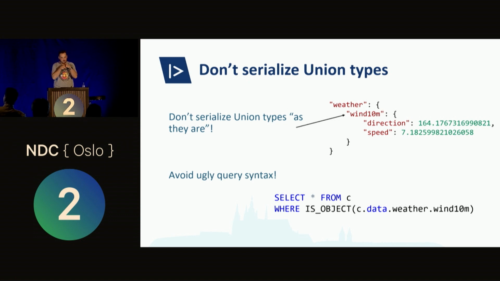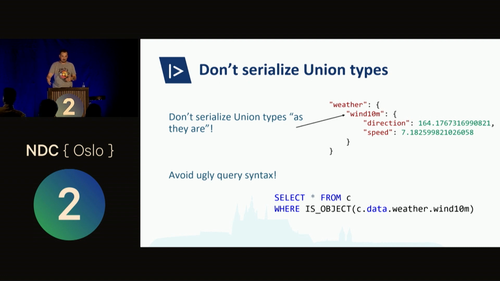I'm an F# guy. I love union types. They are amazing. I know these days Newtonsoft JSON, System.Text.Json, whatever serializer you use can store it nicely. But you need to think about the fact that you will read it one day in some query.